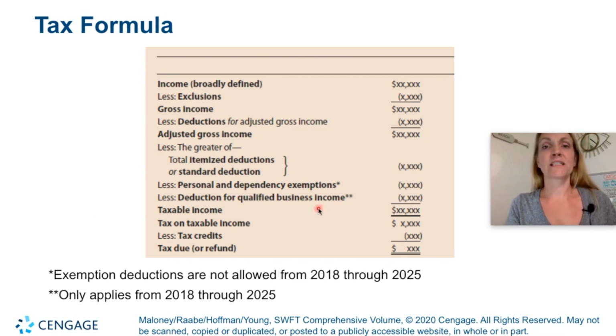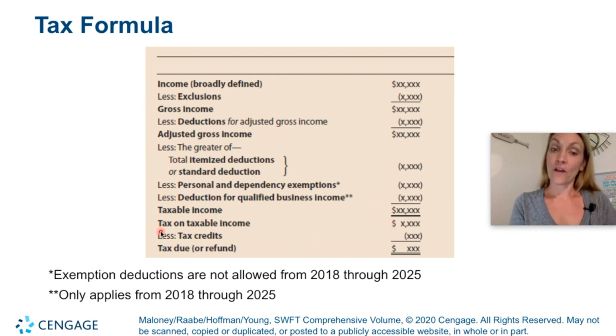And typically expenses are only based on things that you paid, an actual expense, and not usually ever based on the amount of income. So once we subtract this additional deduction, then we have taxable income.